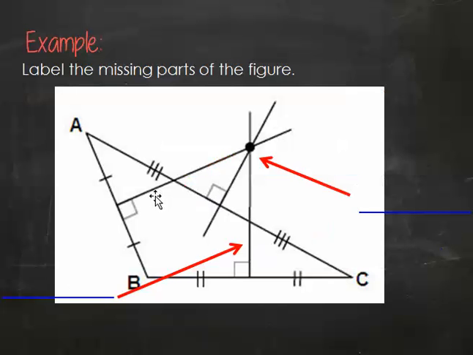Then also from Lesson 12 is to label these missing parts. Let's start with what's given right here, this line right here. It cuts the line that it's pulled up from in half, and it forms a right angle.